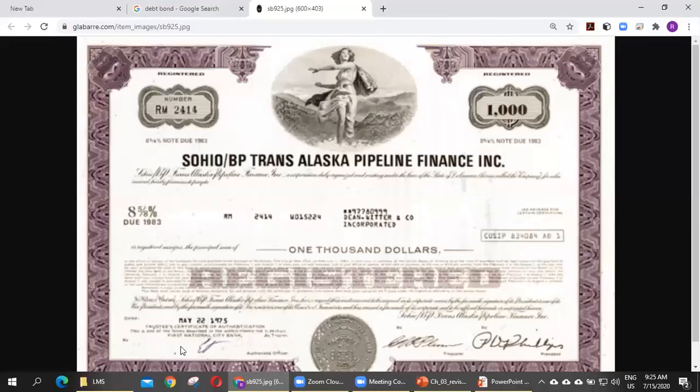You can find here the face value. How much is the face value? 1000, right? Face value is 1000. And what is the rate of interest?